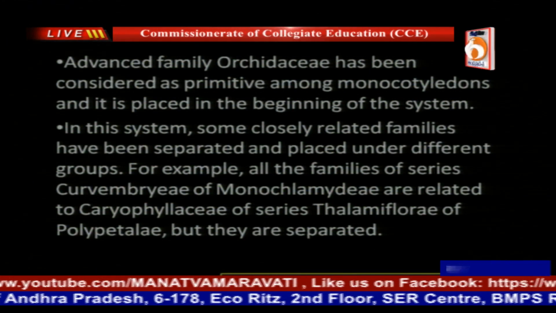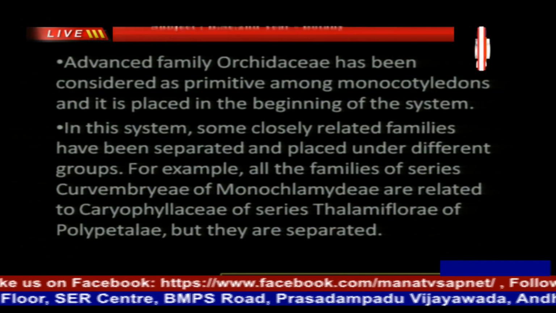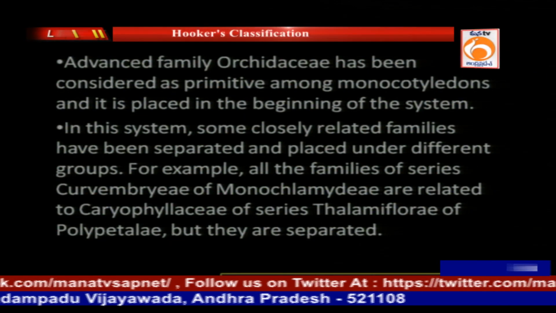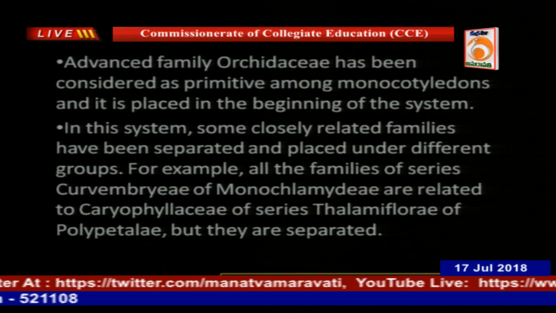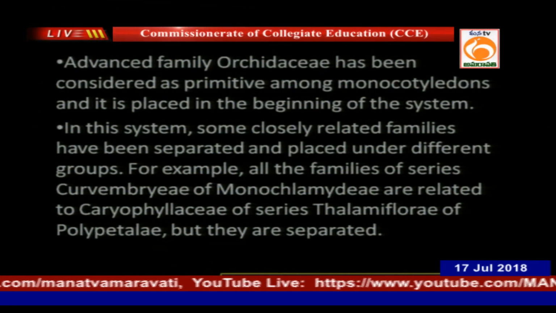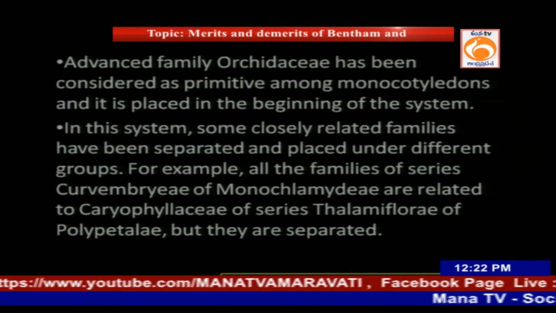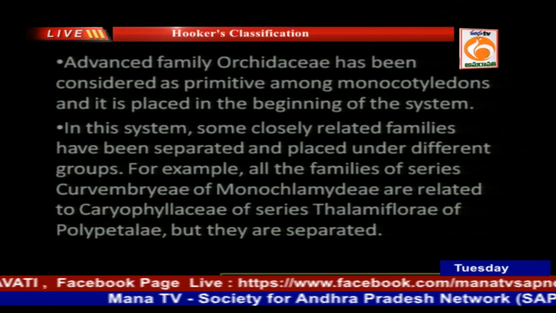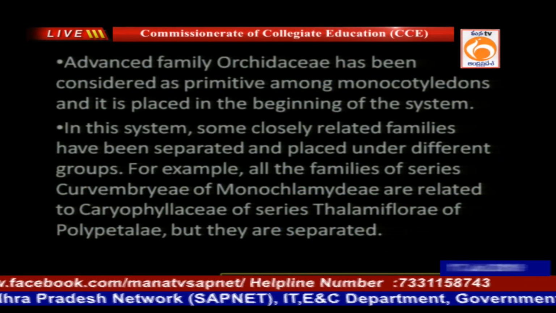Except for this character, all the remaining characters lie towards the Thalamiflorae, but these two scientists placed Curvembryeae under Monochlamydeae. So, this Curvembryeae would have been placed under Thalamiflorae. That is why the related families are all separated, because of taking the single character, and they gave undue importance to the habit of the plants.